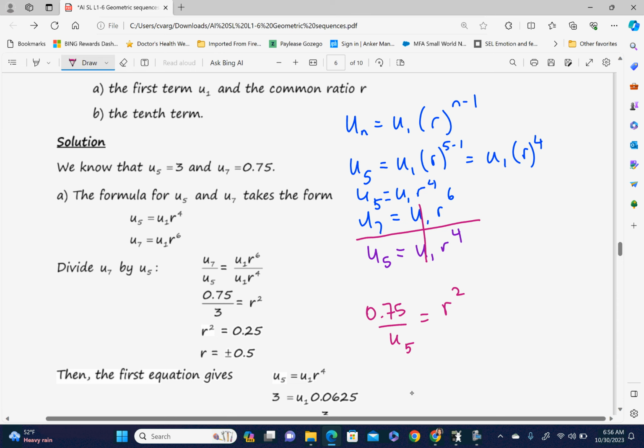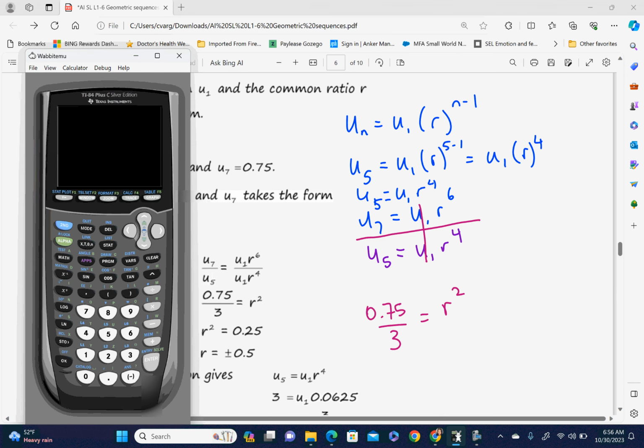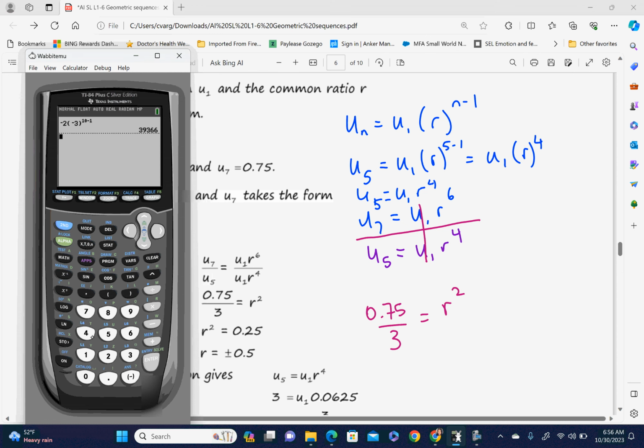And now to figure this out, you just go ahead and use your calculator. So r squared is equal to all of this. So to find out what r is, you do the square root of 0.75 divided by 3.